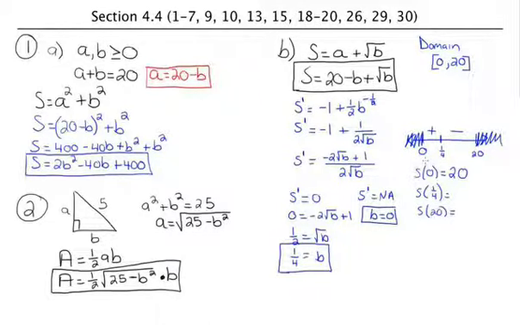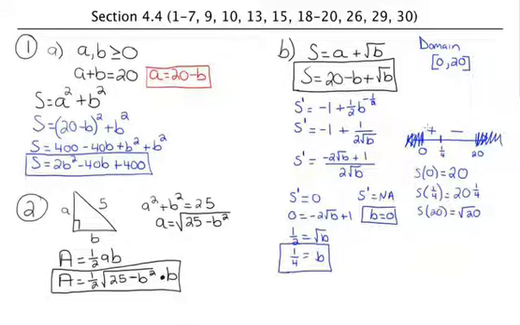Plug in 1/4, and I get 20 minus 1/4, which is 19 3/4, plus the square root of a fourth, which is a half. And so I should get, what is that, 20 and a quarter? Then I plug in 20. 20 minus 20 is 0 plus the square root of 20, and I get the square root of 20.